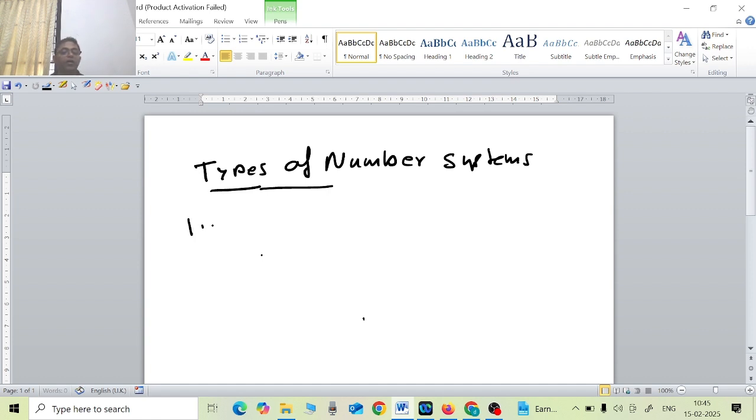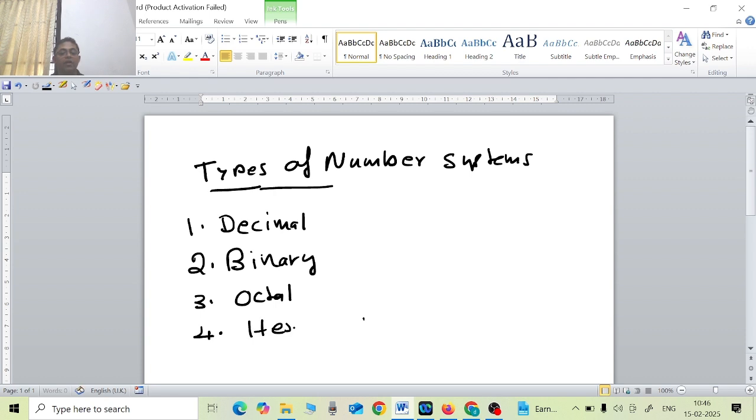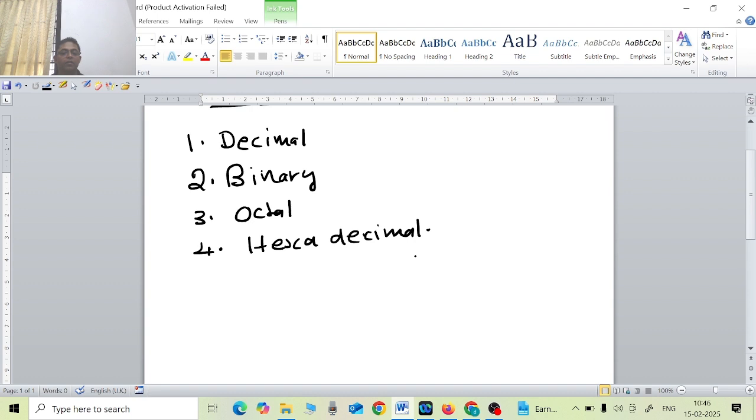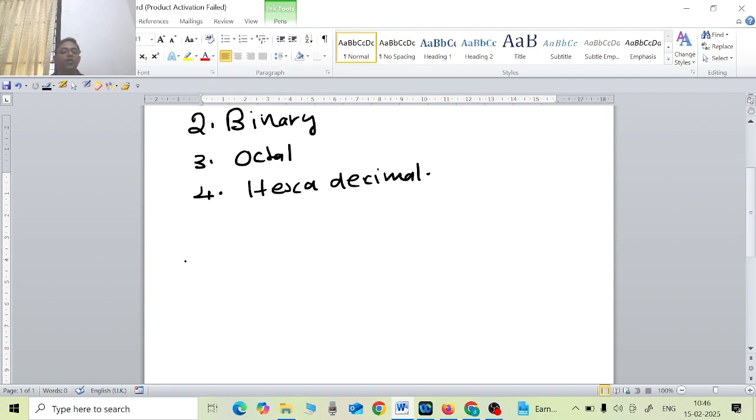They are the decimal number system, second one is the binary number system, third one is the octal number system, and the fourth one is the hexadecimal number system. Now we will see one by one. Okay, first one is the decimal number system.